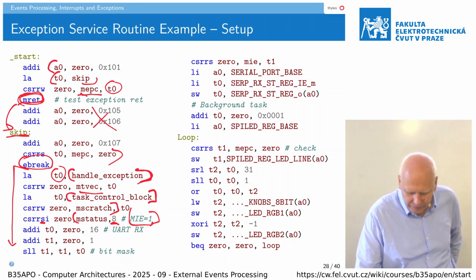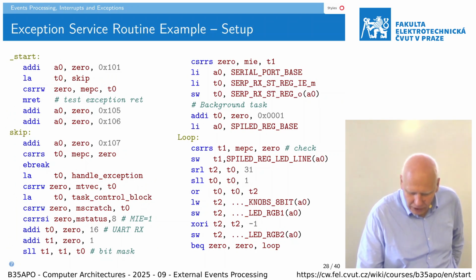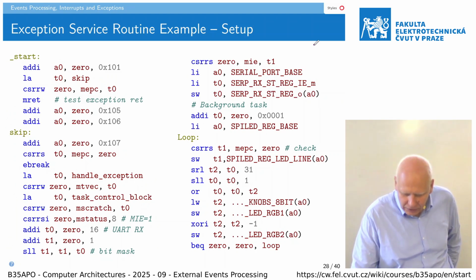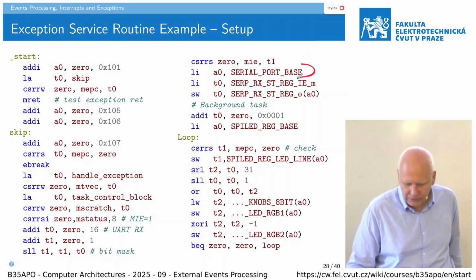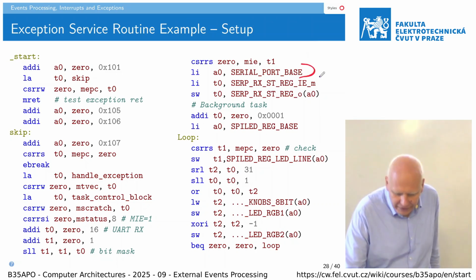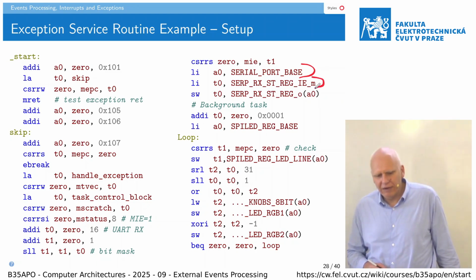And now we can set up the peripheral to allow the interrupts. So there is the serial port base, and we know that interrupt enable is in fact bit 1.